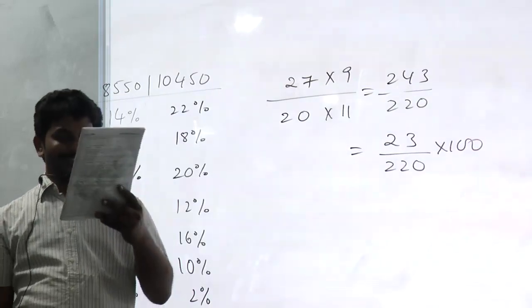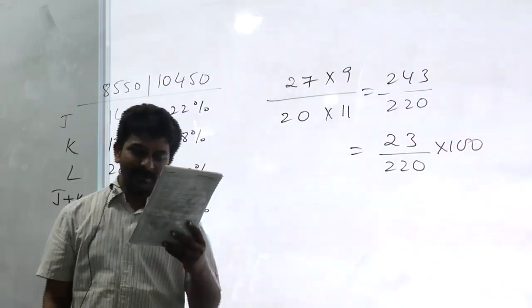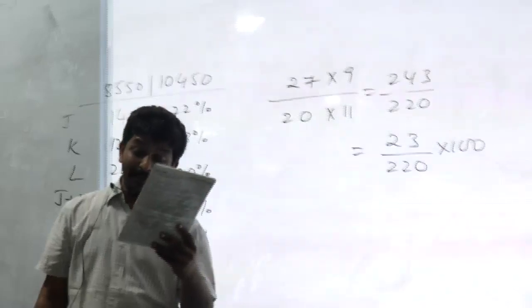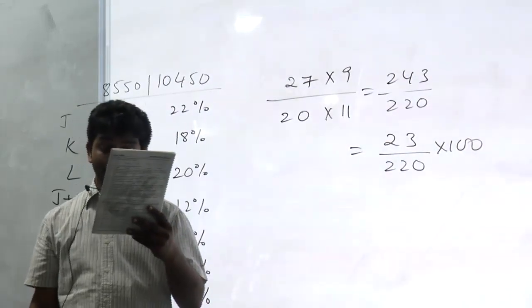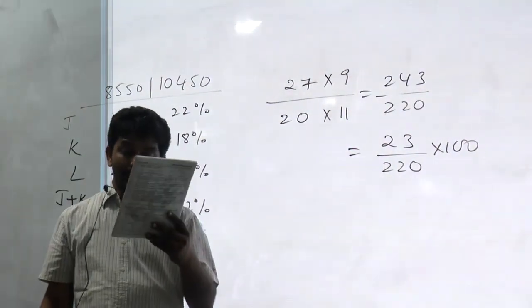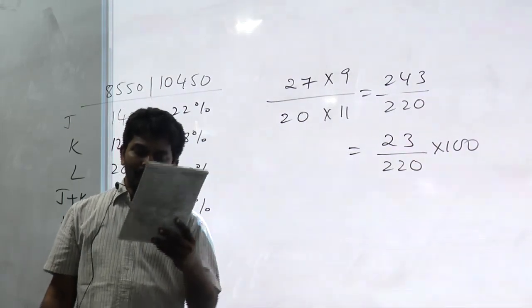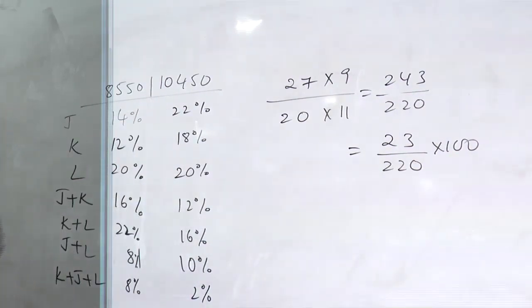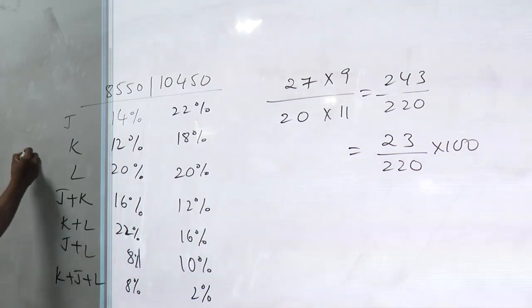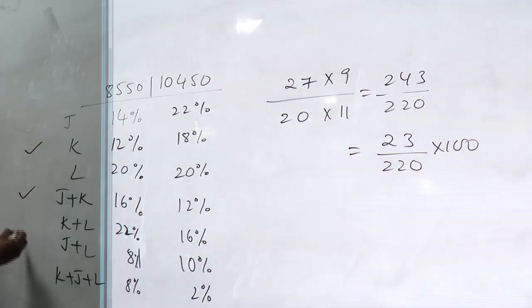48. What is the respective ratio between number of male students who study and the number of female who study the same? Korean ratio. Wherever we have K, this one, this one, this one, and the last one.